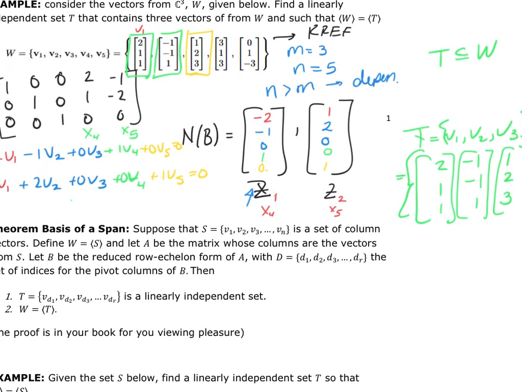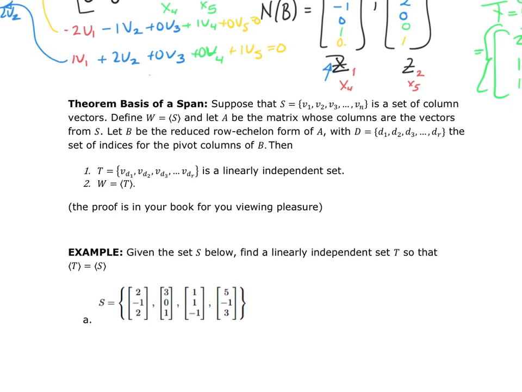Let's take a look at this theorem here. This theorem is the basis of the span. Suppose we have a set of column vectors, where W is the span, and let A be a matrix whose columns are the vectors.